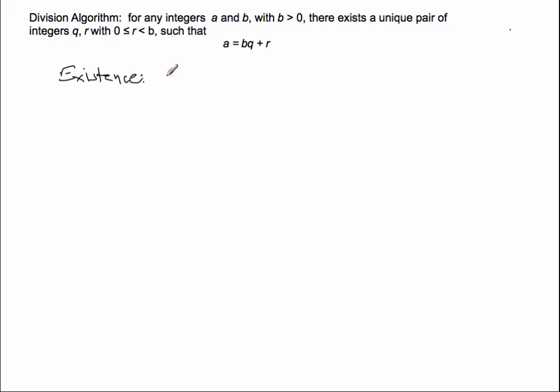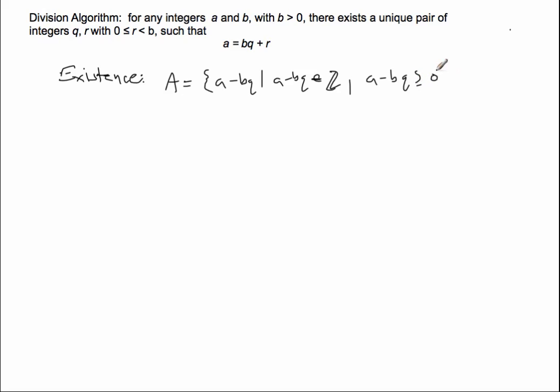We're going to define a set A, which is the set of all integers, and it's got to be an integer, you'll see why, a minus bq, such that a minus bq is an integer, and we're saying we're only counting it if it is an integer. We also are forcing it, we want it to be greater than or equal to 0.